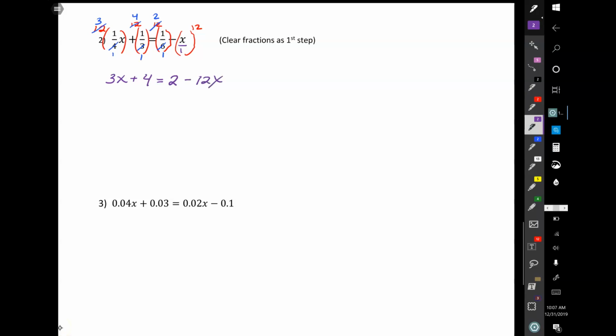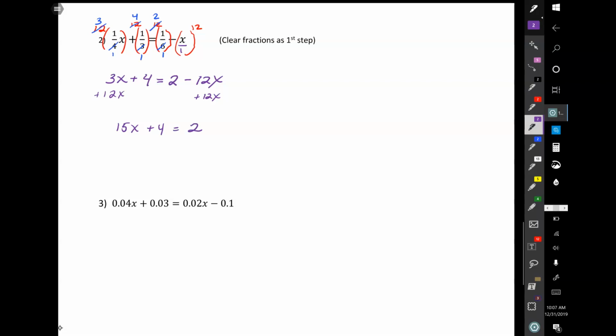So now what I'm looking at is a much simpler problem to solve. 3x plus 4 equals 2 minus 12x. I can now just simply add 12x to both sides. It gives me 15x plus 4 equals 2.